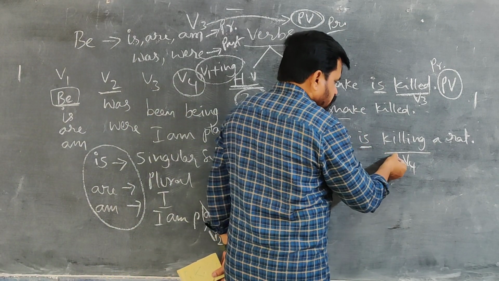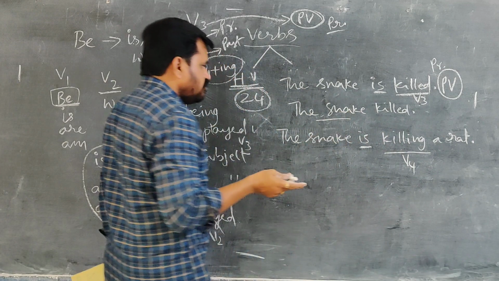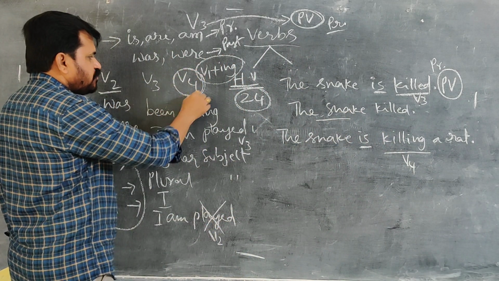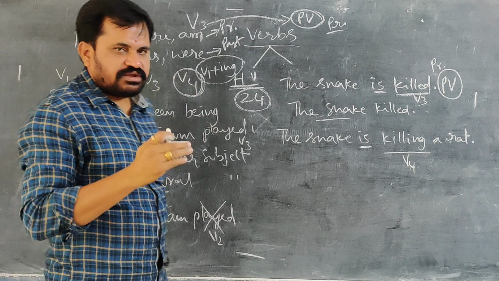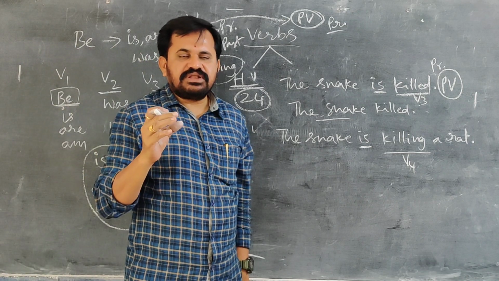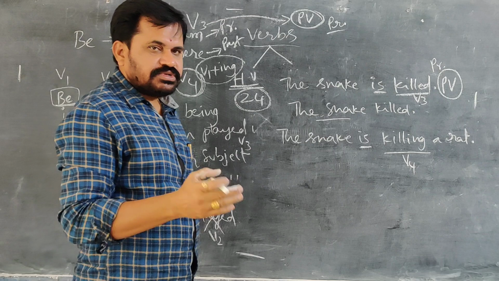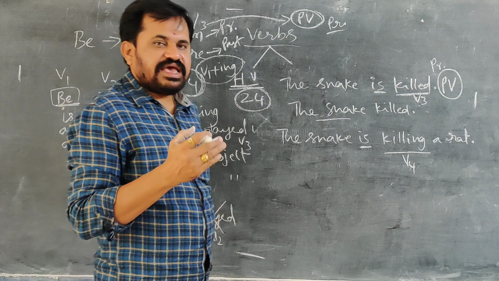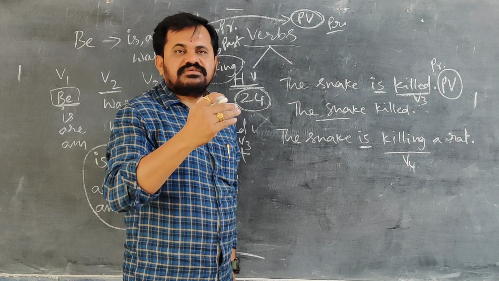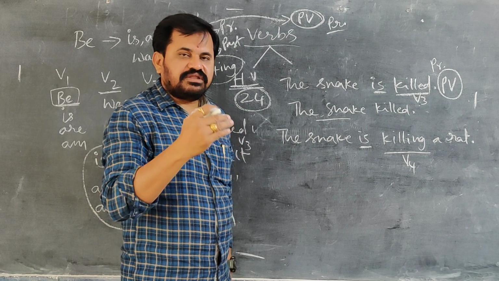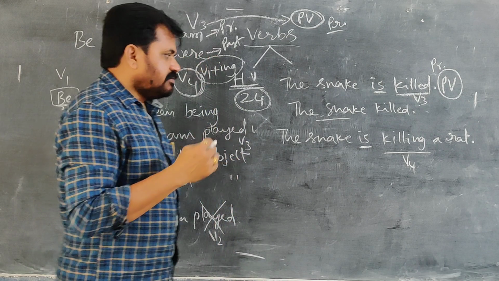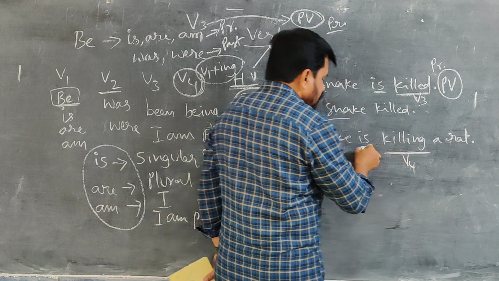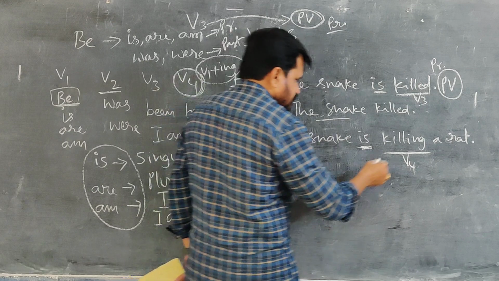Whenever it is V4, you should feel that V4 always shows only continuous form. Whenever a V4 verb is used by taking the help of helping verbs, it is considered as continuous meaning. So it is happening, in present it is happening, continuous.